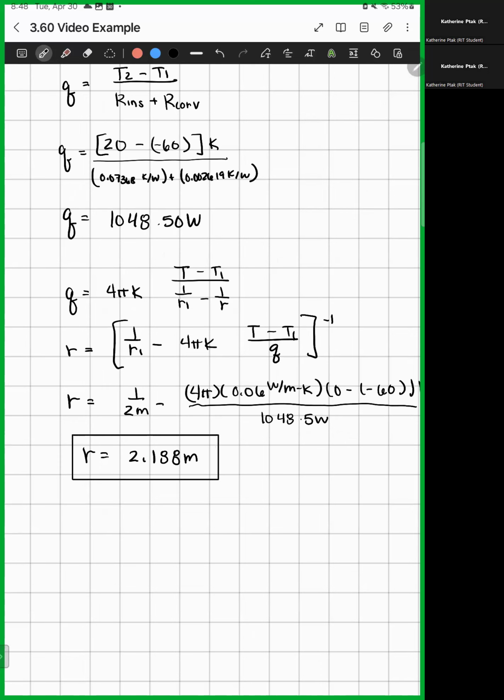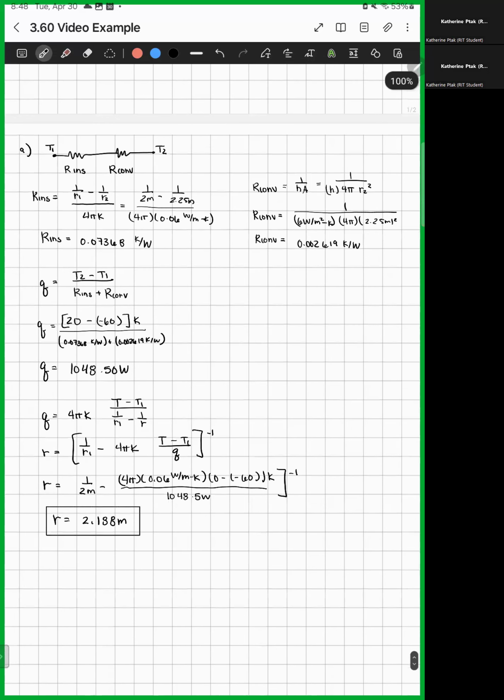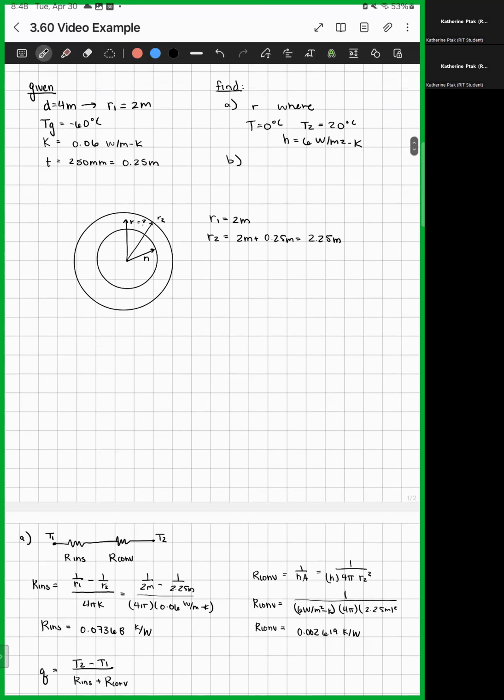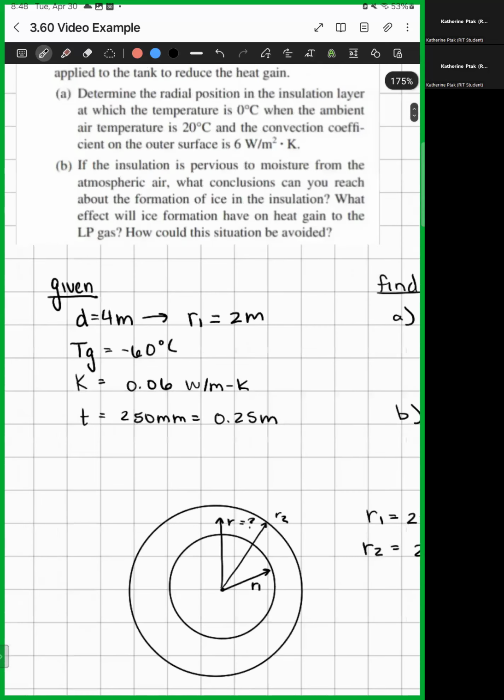And then, so I'll just zoom out so you guys can take a little look at what this all looks like together. And then just for B, if we're thinking through it, so we get water into this insulation, and then you have the formation of ice. And we all know, just kind of logically thinking through this, when water turns to ice, it expands.